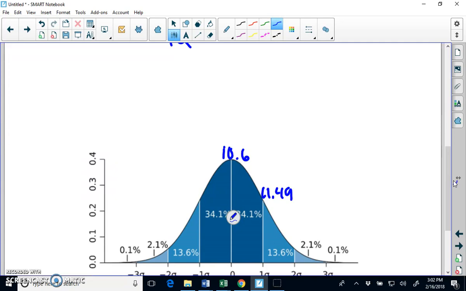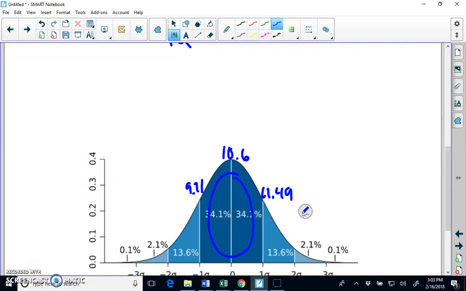And I'm making mistakes because I'm tired. And we get 9.71. If you add and subtract the standard deviation from the mean, within this range, 9.71 to 11.49, that includes about 68.2% of the data. So 68.2% of the data is in this range.